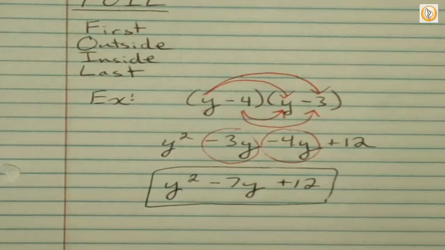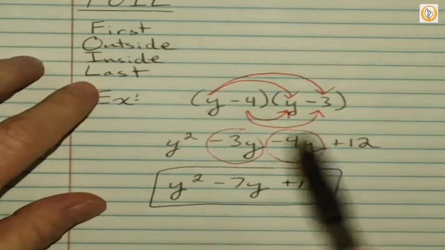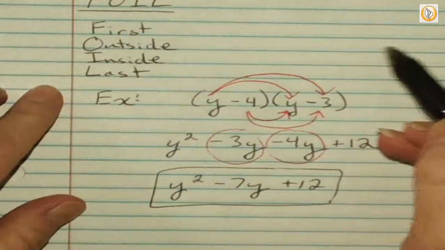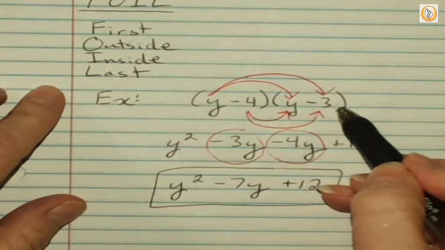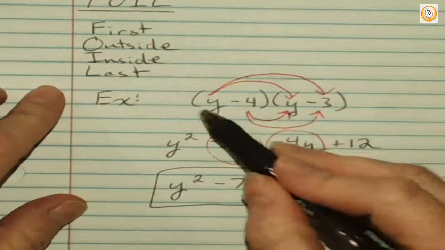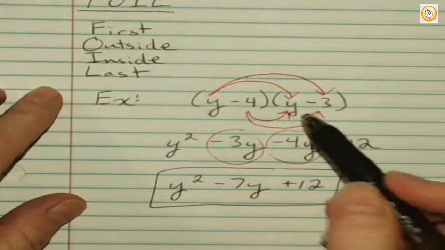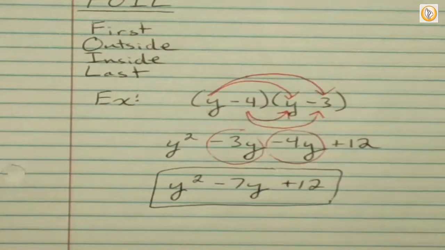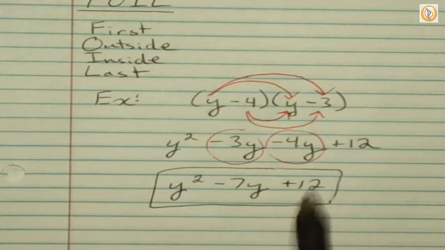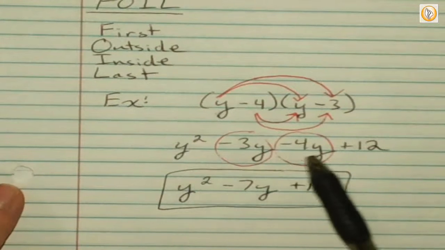LOIF is L-O-I-F. Let's say you did last and then outside. So my point is you can do different steps in different orders. You will still get the exact same answer if you combine like terms properly and put things in descending order.